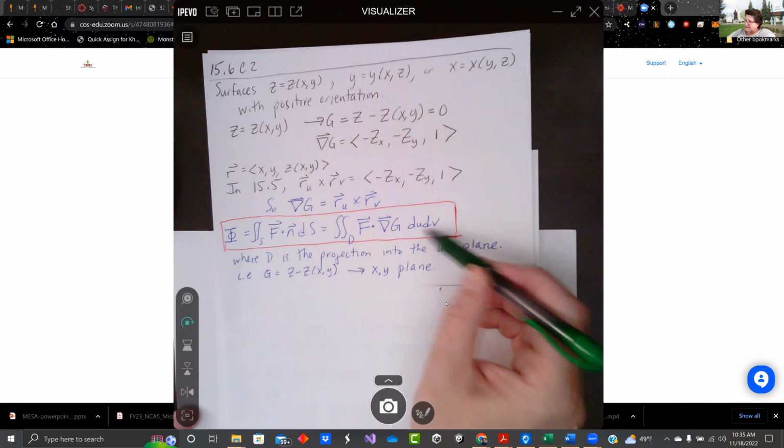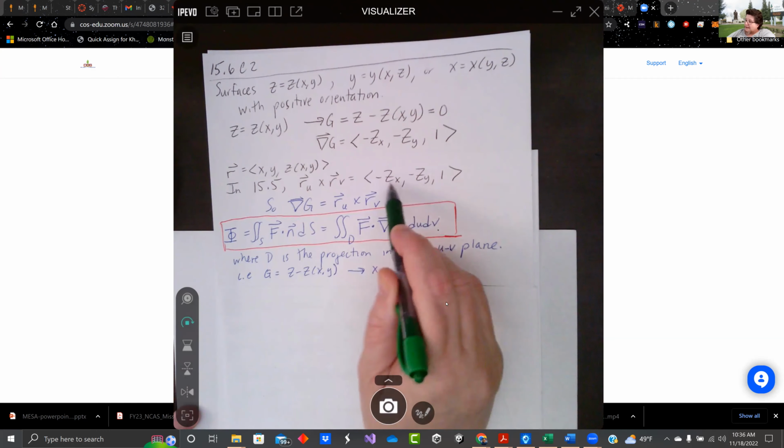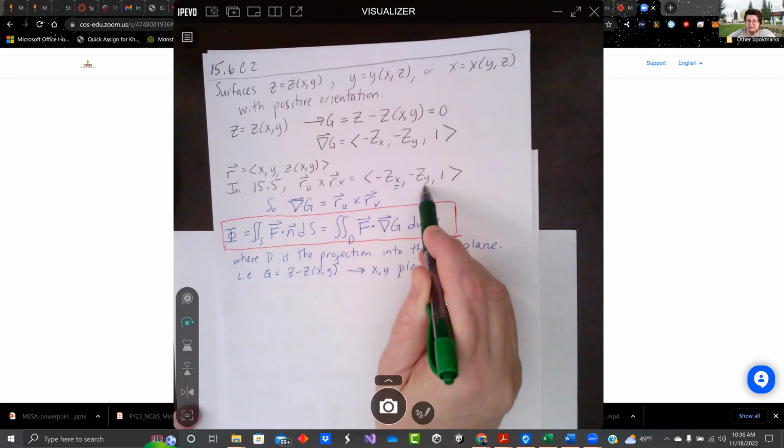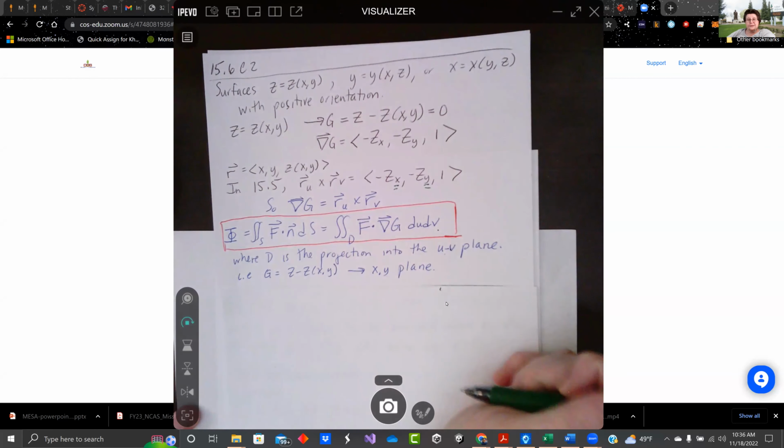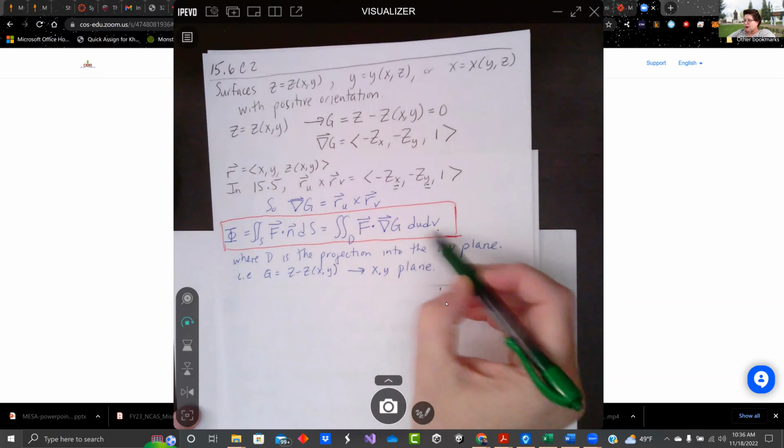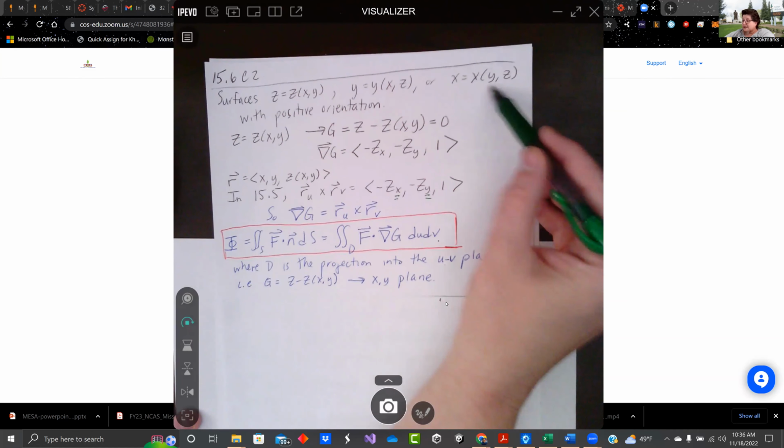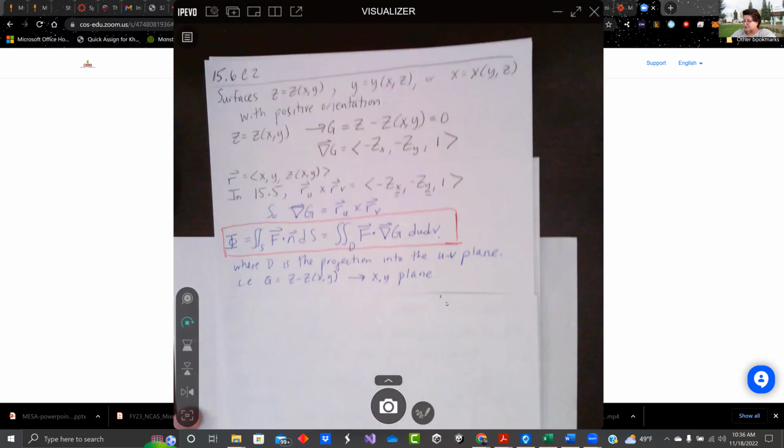So uv is the generic form. It's whatever letters we're projecting into. If you're doing z, it's going to go into dx dy. If you're doing x, it's going to go into dy dz, etc.